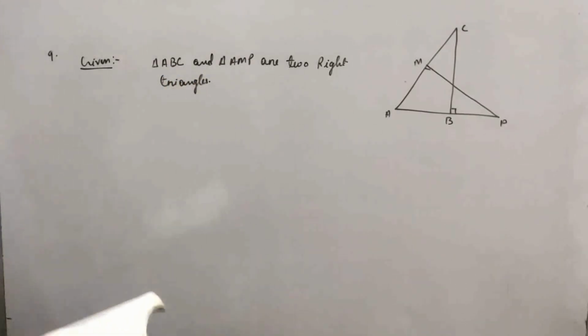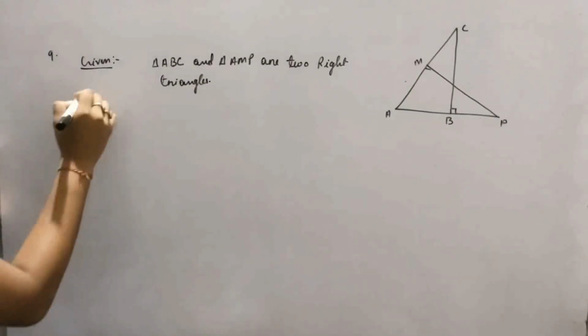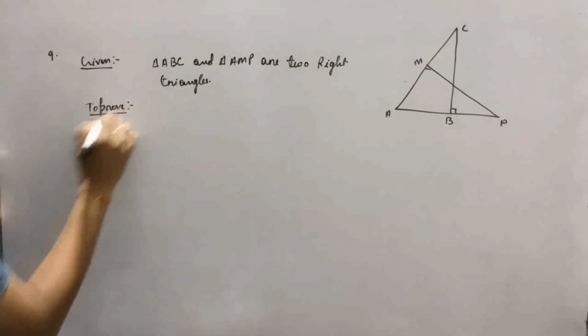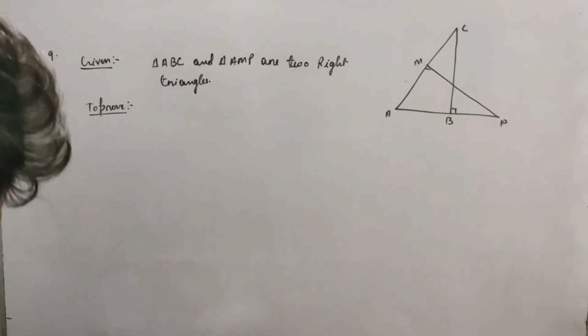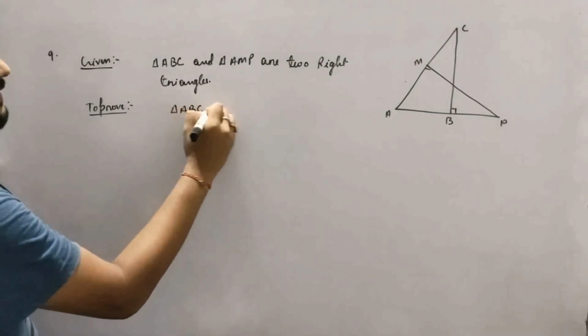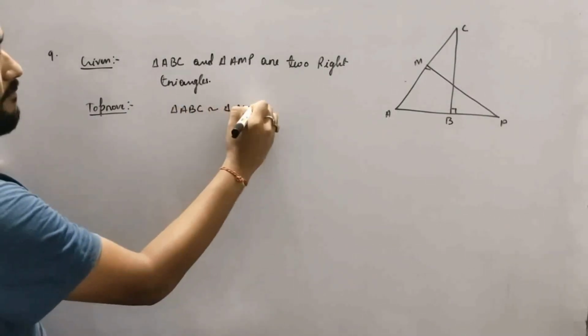Okay. The next to prove: triangle ABC similar triangle AMP.